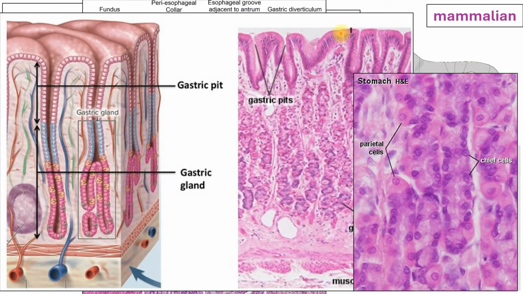That's why you would usually develop ulcers when you are stressed, as well as hyperacidity, and you will get stomach ache. But normally, if you are functioning well and you're not stressed, then the mucous neck cells here in the gastric pits will produce the mucin.